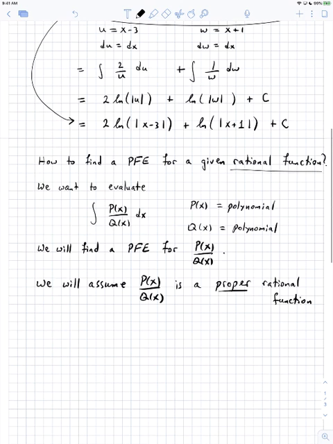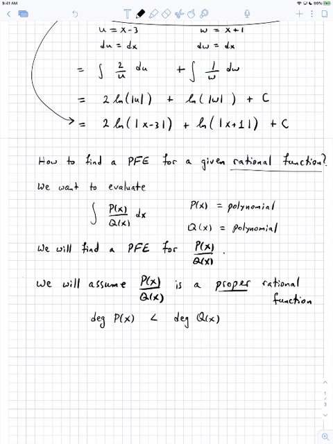That's when the degree on top is strictly smaller. So the degree of the polynomial p of x is strictly smaller than the degree of the denominator, q of x. The example we looked at earlier was a proper rational function. If it's not, then you have to use polynomial division, but we can talk about that later.